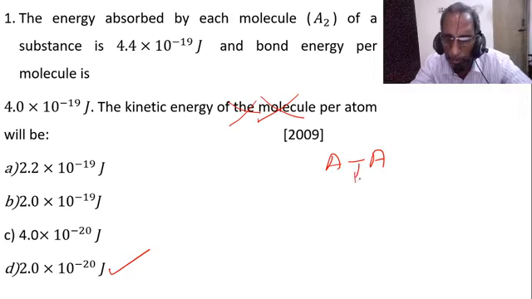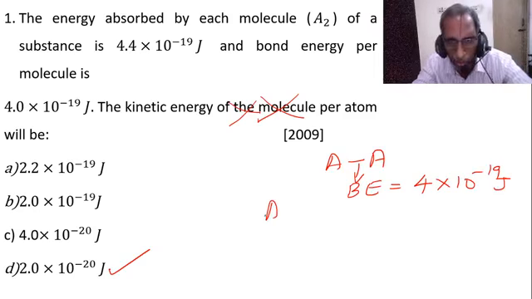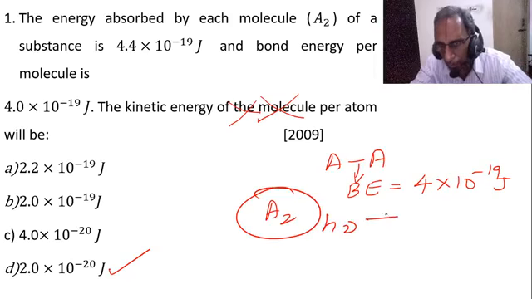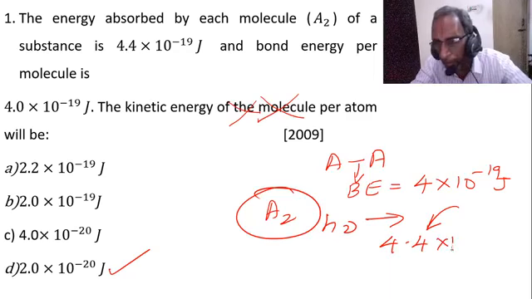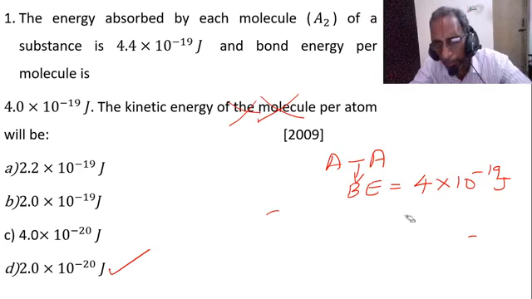Bond energy is given as 4 into 10 power minus 19 joule. This A2 species is exposed to the action of light, and it takes the energy 4.4 into 10 power minus 19 joule.